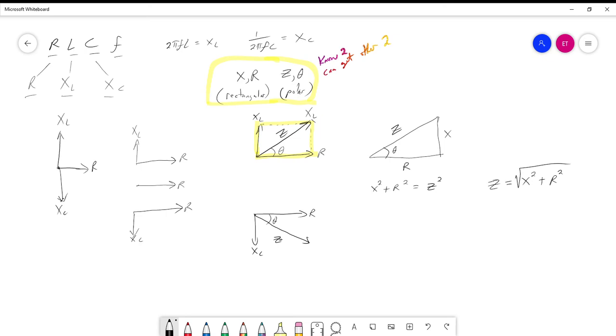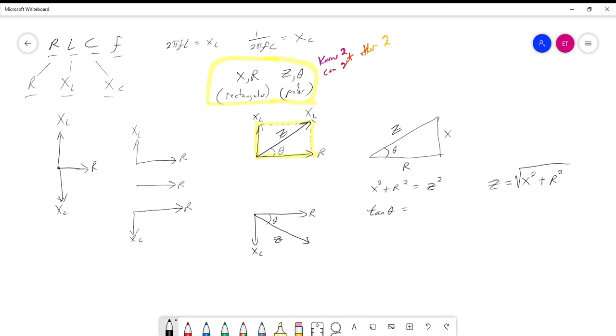That phase angle that's going to exist between voltage and current is easy enough to get with the tangent function. If you're looking at a certain amount of reactance that sits in your component or your circuit or your system, here it is, and here's my resistance. We can use those rectangular values to get the tangent, to get the angle, because the tangent of the angle is opposite over adjacent, right?